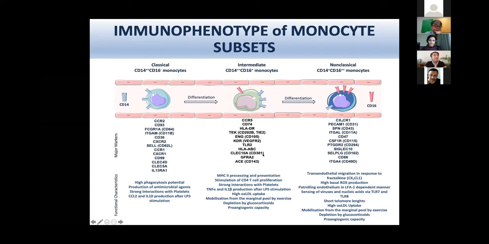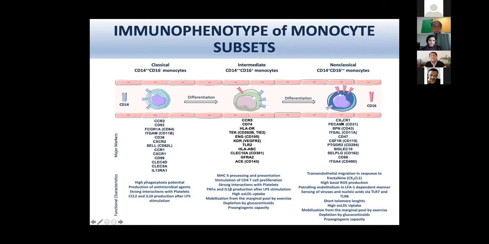The intermediate ones are mostly doing MHC processing and presentation. They stimulate CD4 positive T cell proliferation, and they have pro-angiogenic capacity, just like the non-classical cells.